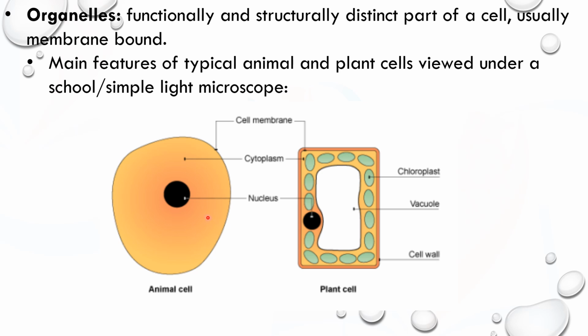Okay, they have cytoplasm, nucleus, cell membrane. What are their differences? Plant cells have chloroplast, animal cells don't. Plant cells have a large central vacuole, animal cells have small temporary vacuoles. Plant cells have cell wall, animal cells don't. Animal cells also have centrioles, which are not in plant cells, but plant cells have plasmodesmata, animal cells don't.